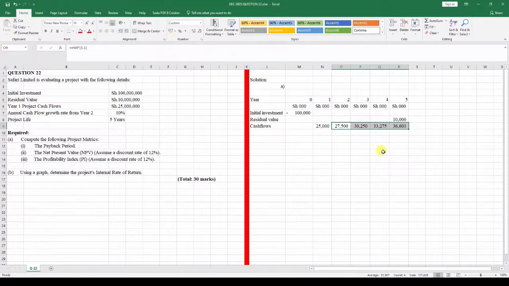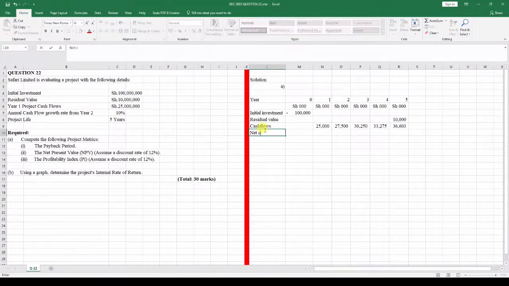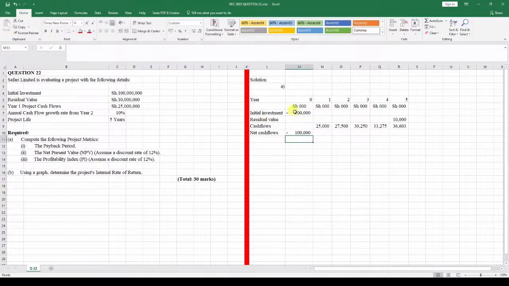So from there, what is going to be our flows? The ones we're going to discount will use this value here. And we're just going to pick the residual value plus the cash flow itself.